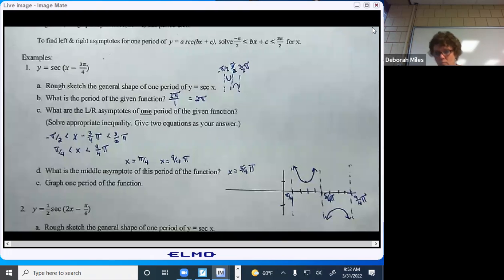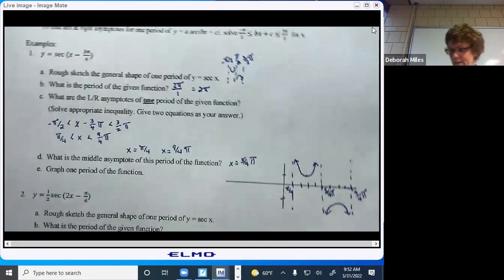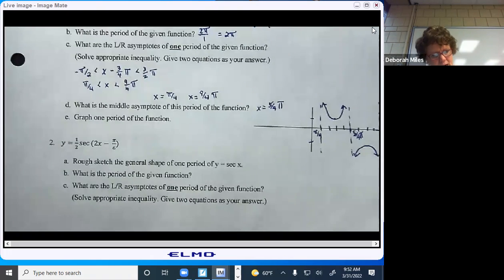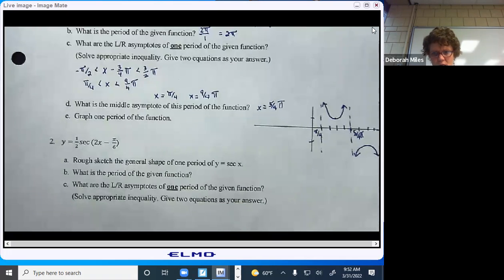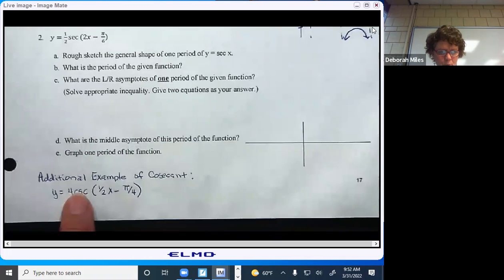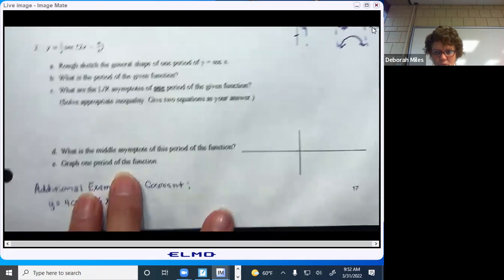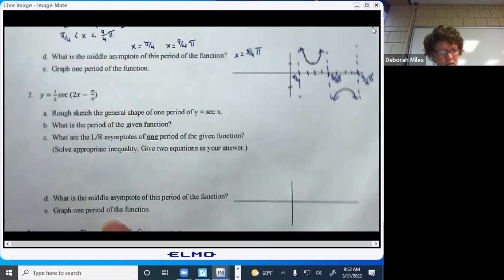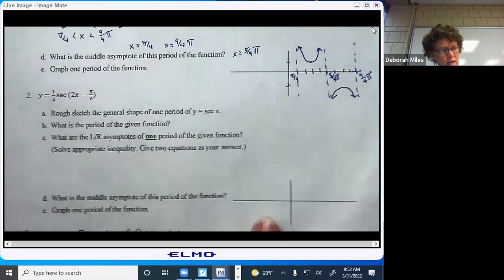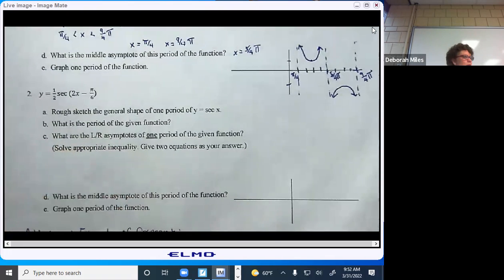Okay. All right, let's do one more secant. And then I wrote down the one example of cosecant we didn't do yesterday, but because we're a day behind, I think if we do number 2 and feel okay with it, we might just go on and get a little bit of a head start, well, catch up, not head start, on 4.7.